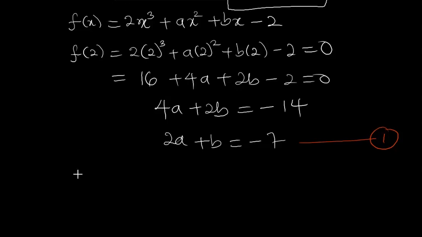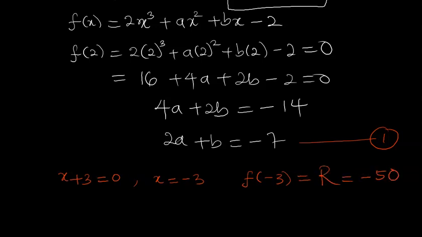That is, x plus 3 is equal to 0. We equate it to 0, so we have x equal to minus 3. Now if we put the value of minus 3 into the polynomial, whatever we get is the remainder, which we are told is minus 50. So our r is minus 50.